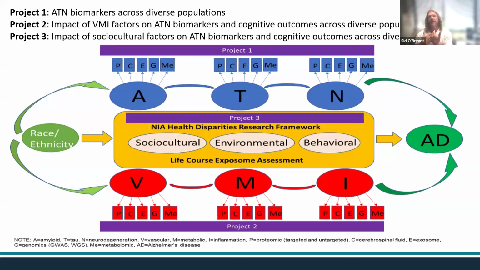So we can understand how sociocultural, environmental, and behavioral factors impact, moderate, and mediate the expression of these things, because I personally believe that a precision-based medicine approach to risk reduction will also include intervening even at population levels.